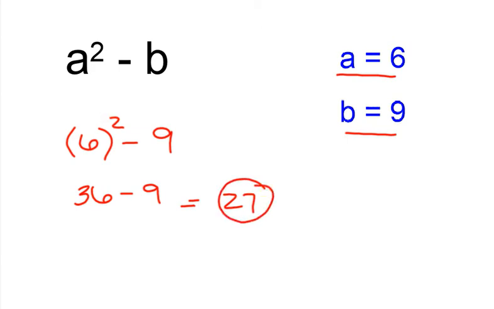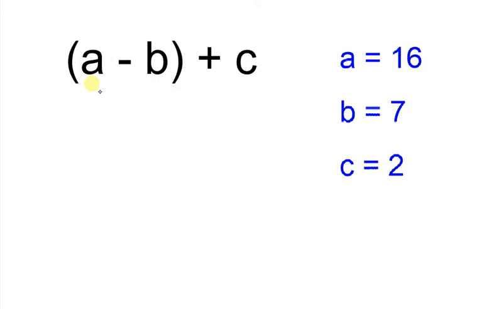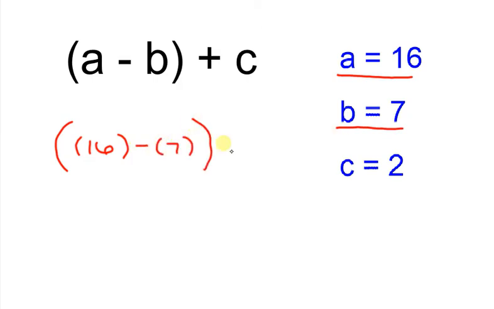We're going to get a little bit harder. So now we have 3 letters and 3 numbers, so 3 different terms. So here we have, open parentheses, instead of a, we're going to do 16, and it's okay to put another set of parentheses inside, minus, and instead of b, we're going to put 7, close parentheses, plus, and for c, we're going to put 2.